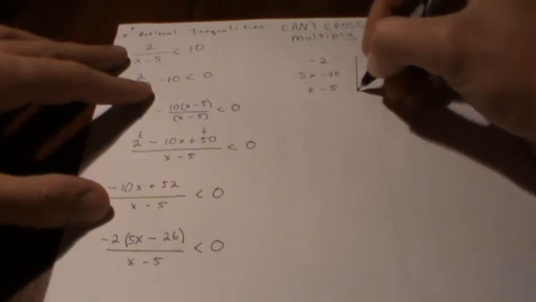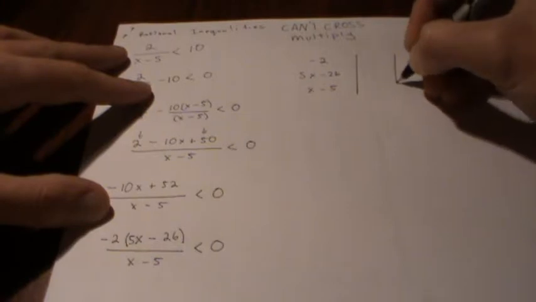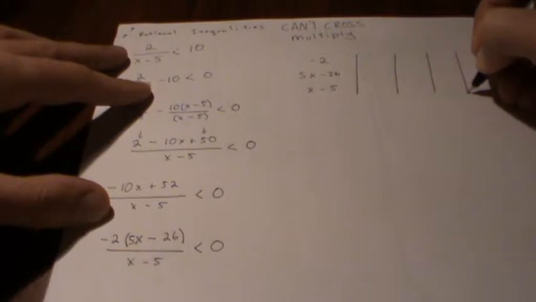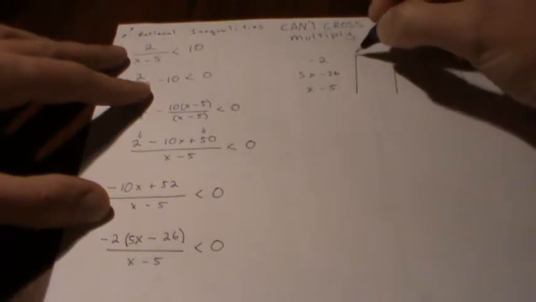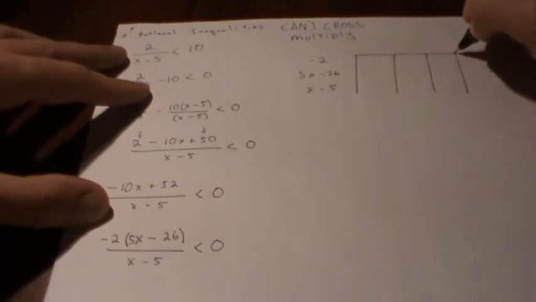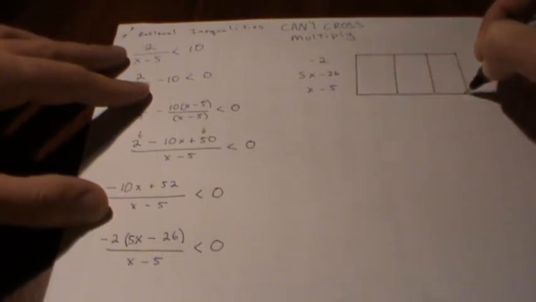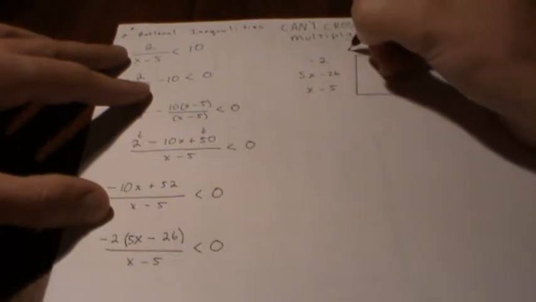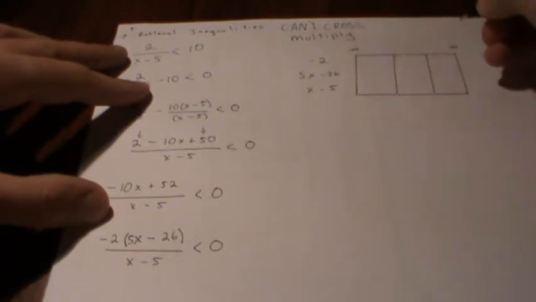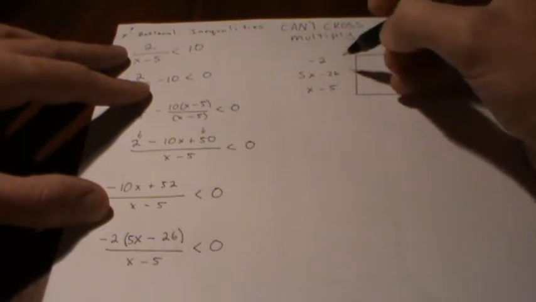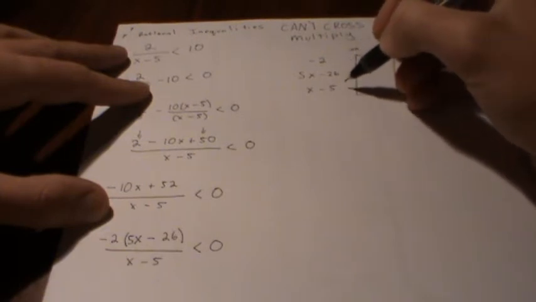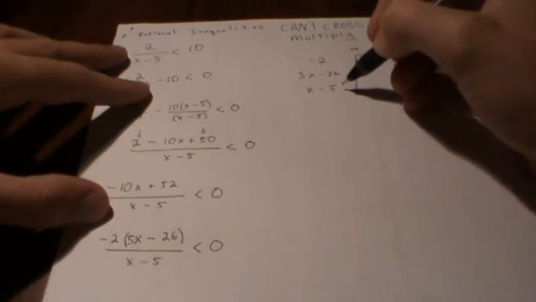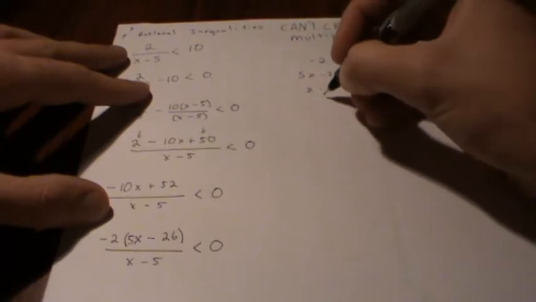I'm making the same chart that we made in previous chapters, the inequality chart. Over here is going to be infinity, over here is negative infinity. Then I look at when each factor is 0. The factor x minus 5 is 0 at a positive 5.